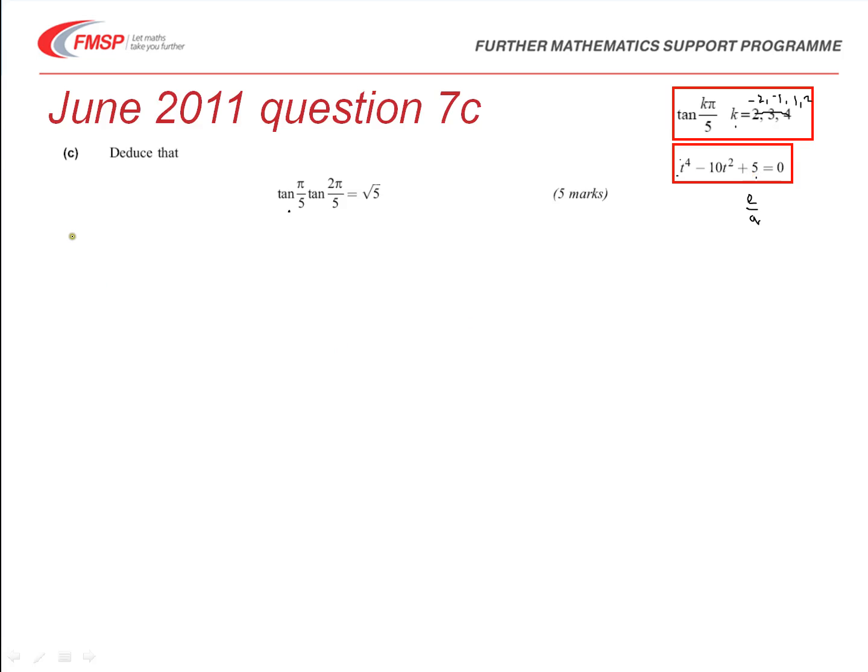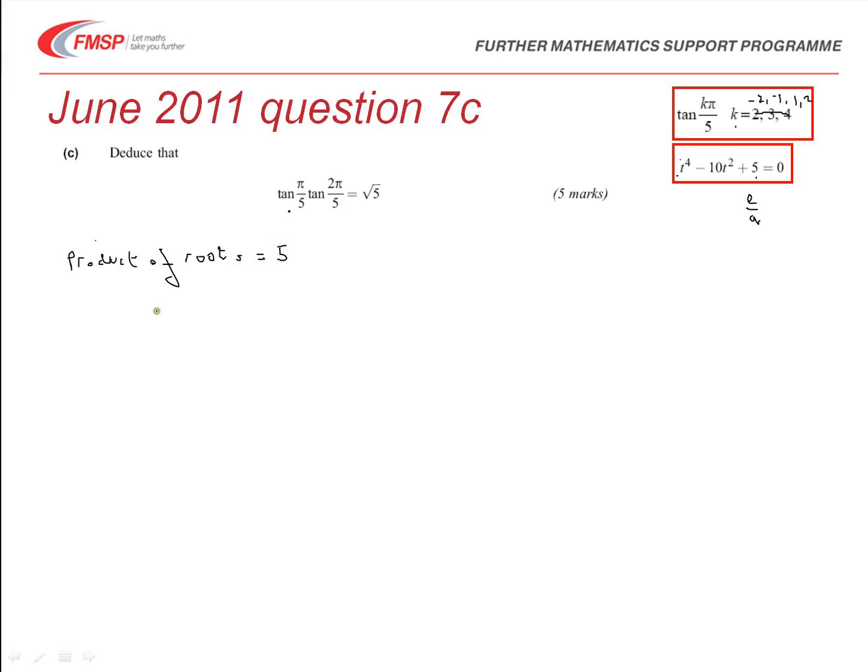So we know that the product of the roots is equal to 5 in this case. That's the E over A value.